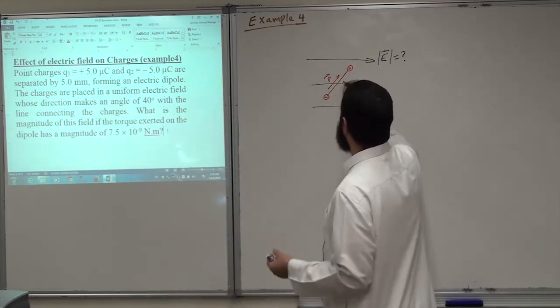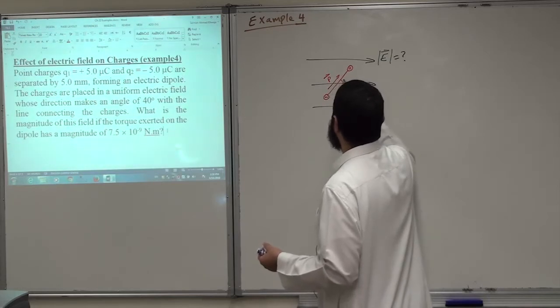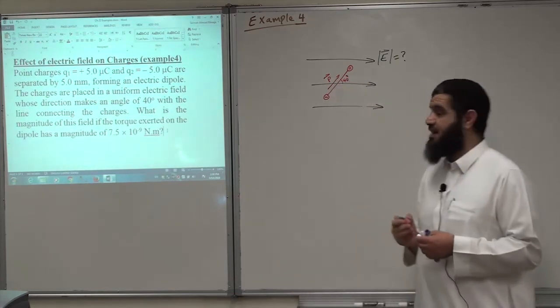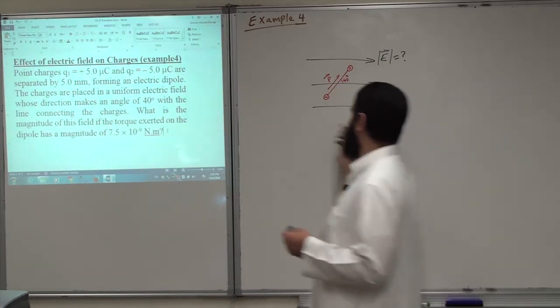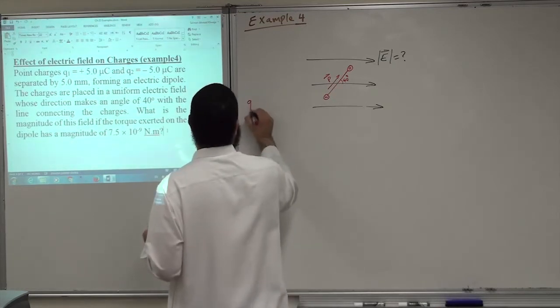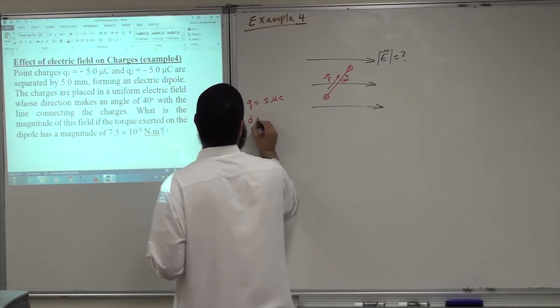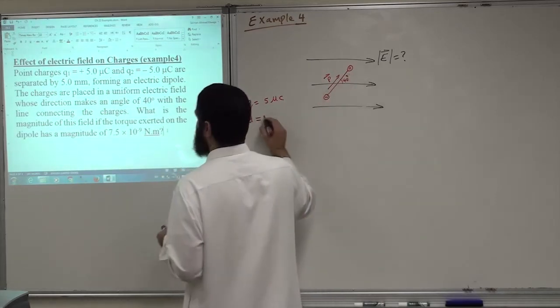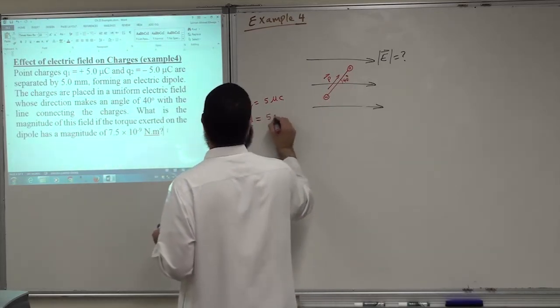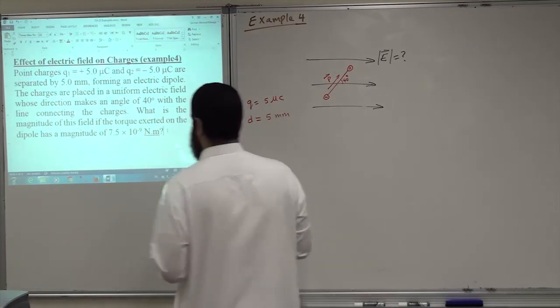He told us in this problem that the line joining the two charges makes an angle of 40 degrees with the electric field. He gave us Q equals 5 microcoulomb, and d, the separation between the two charges, which is 5 millimeter.